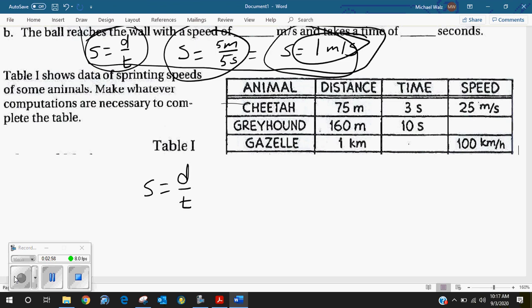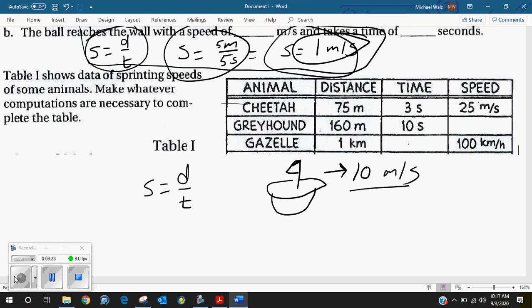Let's say we have a boat that is moving 10 meters per second. Is that speed, distance, or time?